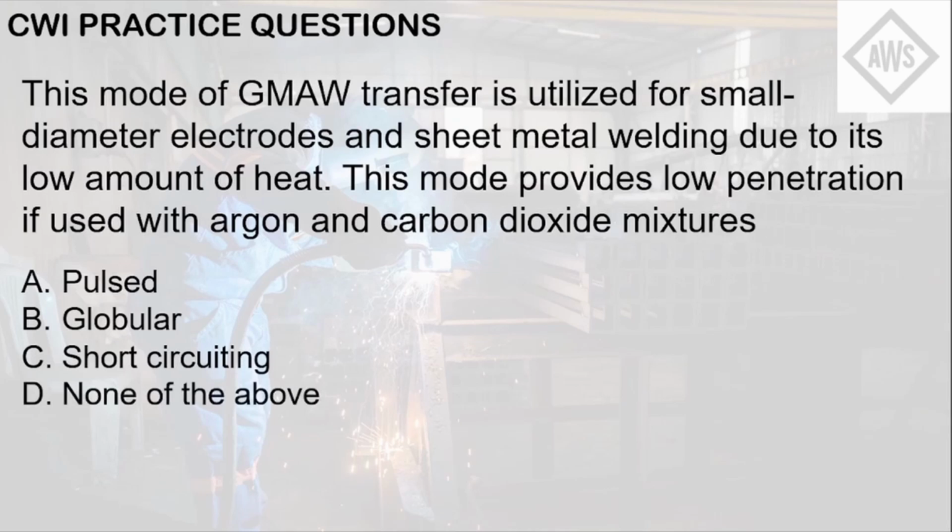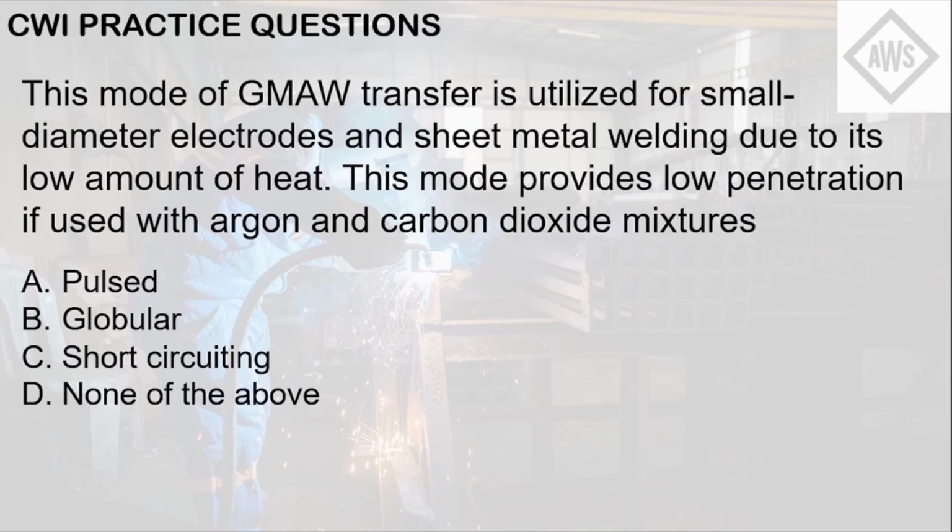So when welding sheet metal using GMAW, you only need a low amount of heat and low current, because sheet metal is very thin. You don't need large amounts of heat to fuse them.